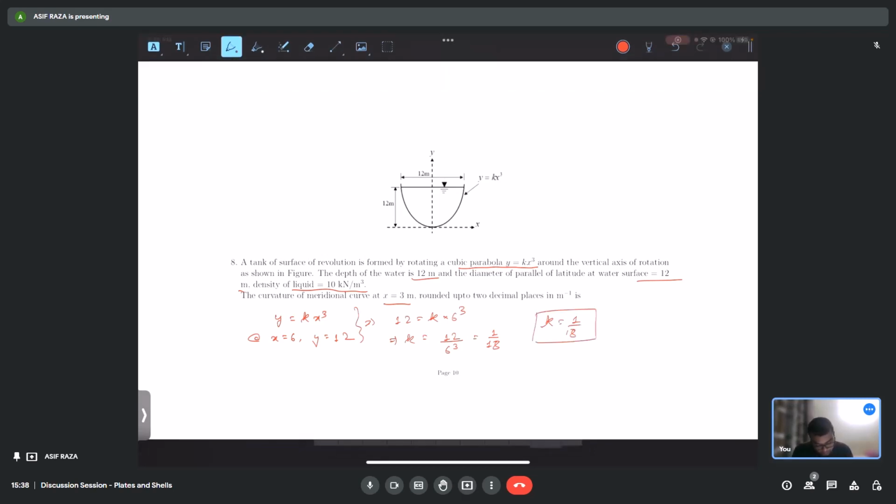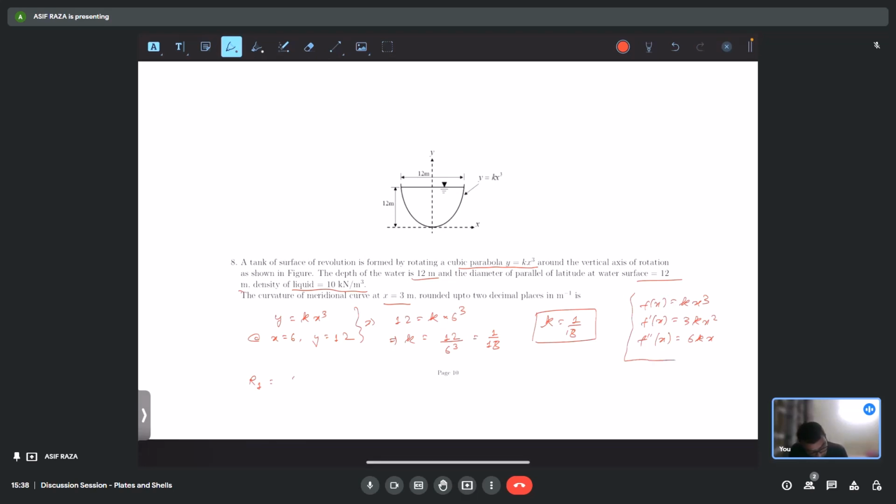Now we need to find the curvature of meridional curve at x equal to 3 meter. So we need to find the radius of curvature r1. Suppose we have f(x) equal to kx cube. So f dash x will be 3kx square and f double dash x is 6kx.